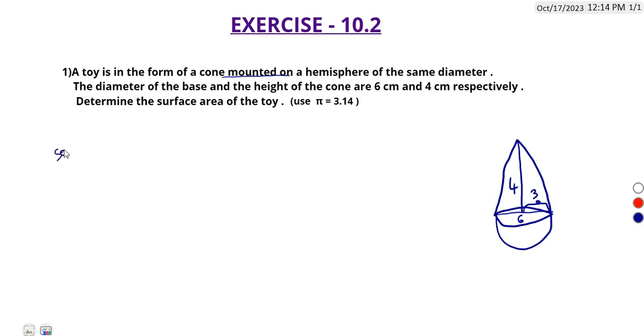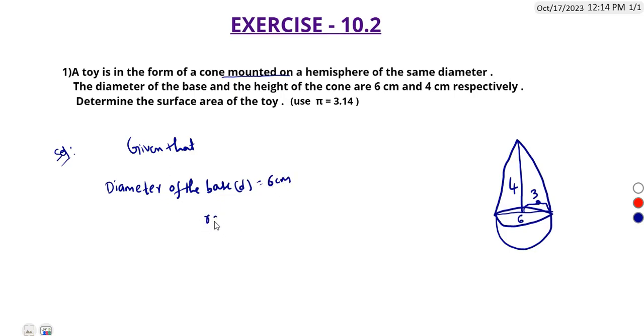Okay, see, first let's see what is given. The diameter of the base D equals 6 centimeters.